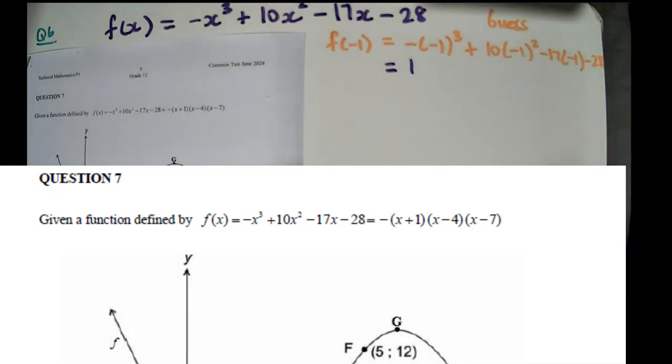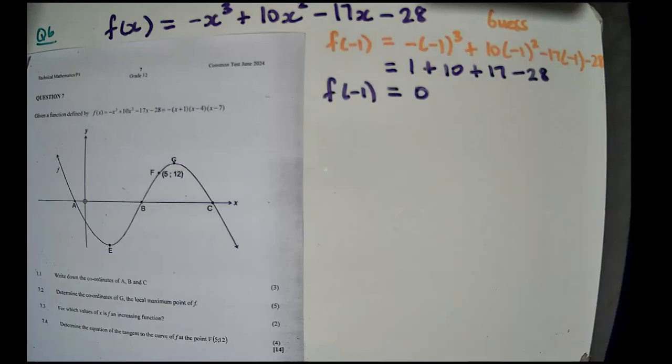So minus negative 1 cubed, on a calculator that's 1, right? Plus 10. Negative 17 times minus 1 is a positive 17 minus 28. Plug it into a calculator, you get 0. So if I substitute f of minus 1 and get an answer of 0, this means I have a factor. My factor is therefore x plus 1.